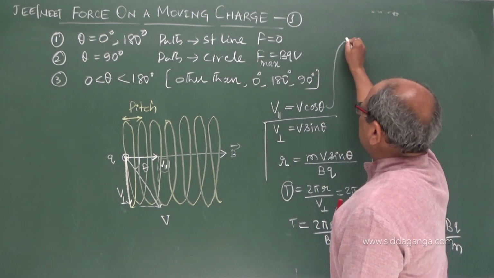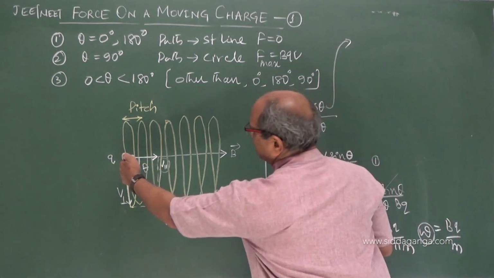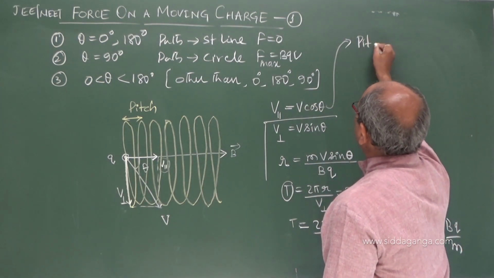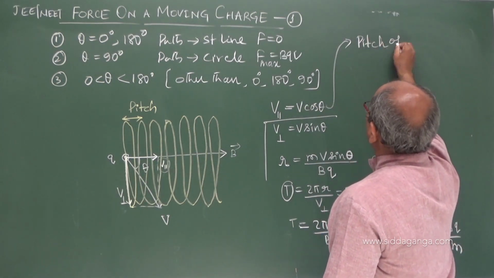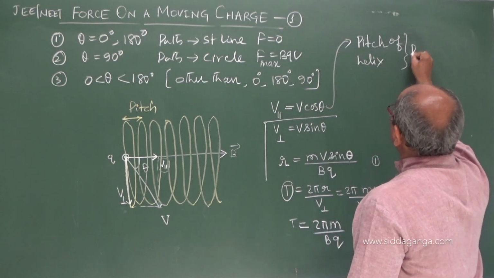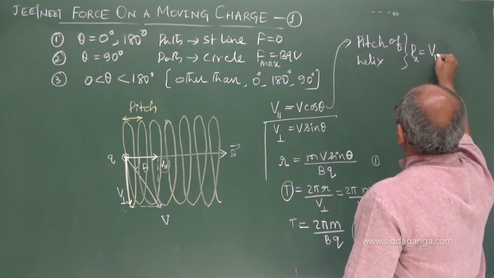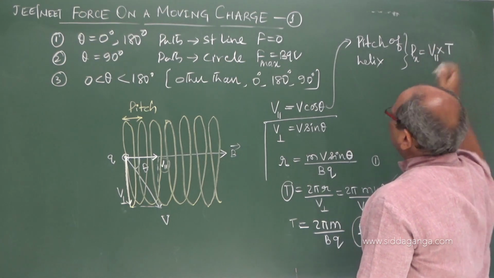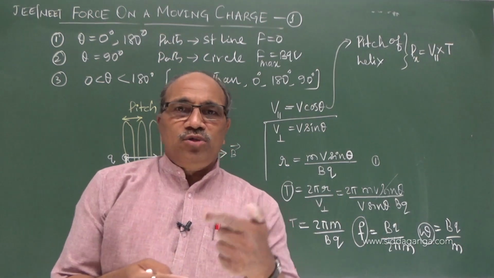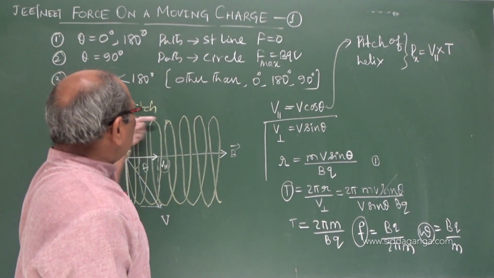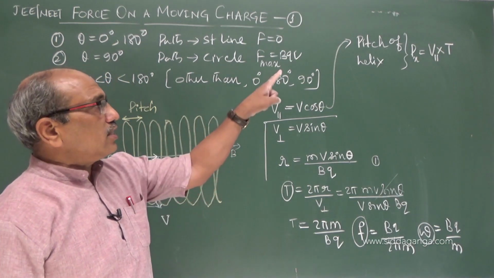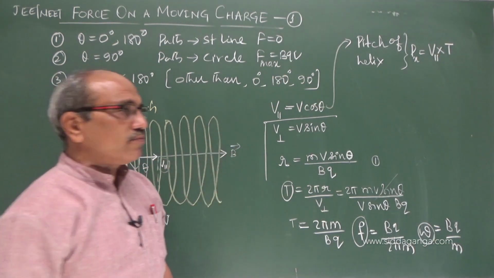Now what happens to the other component? It asks the charged particle to advance, which I call the pitch of the helix. Pitch of the helix is nothing but velocity parallel into the time taken to complete one revolution. When it describes one revolution, how much the charged particle advanced in the direction of B is considered the pitch of the helix.